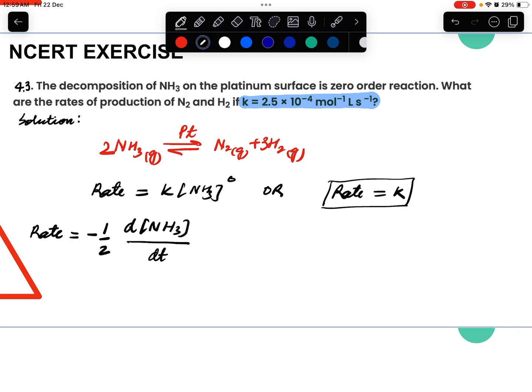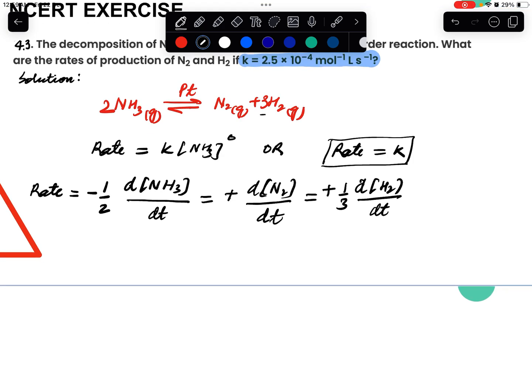This is equal to the increase in concentration of nitrogen, so we write a plus sign, d[N2]/dt. Again, this is equal to the increase in concentration of the second product, but here, since the stoichiometric coefficient is 3, we write 1/3 d[H2]/dt. So rate can be written in terms of reactant and product in this way.